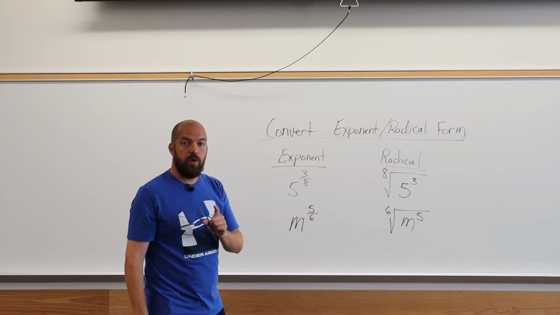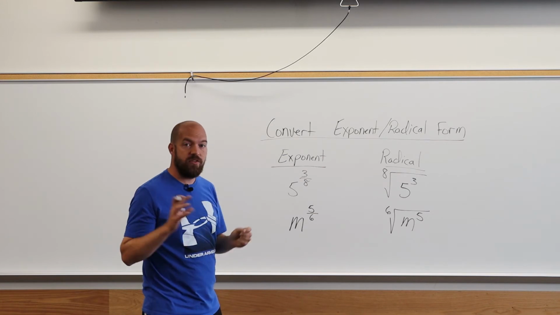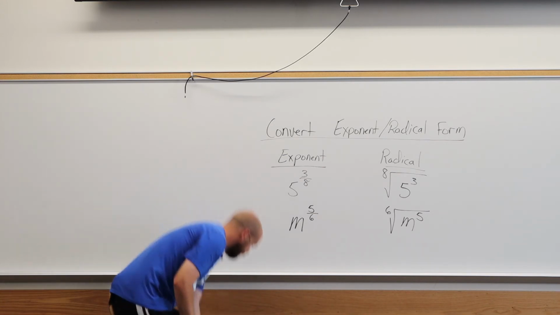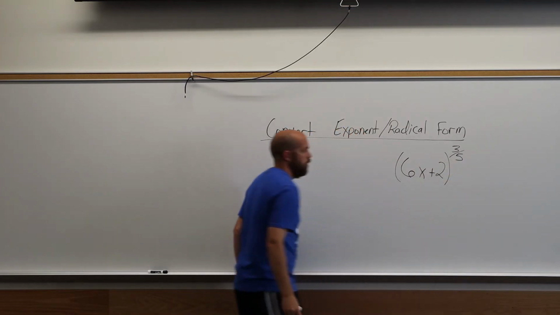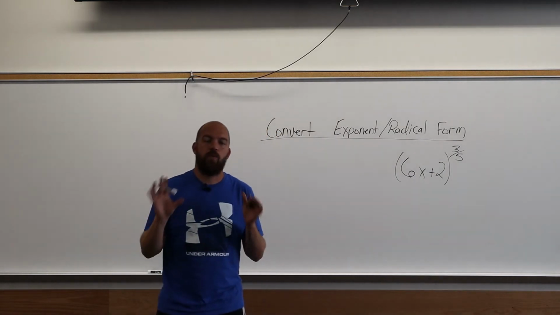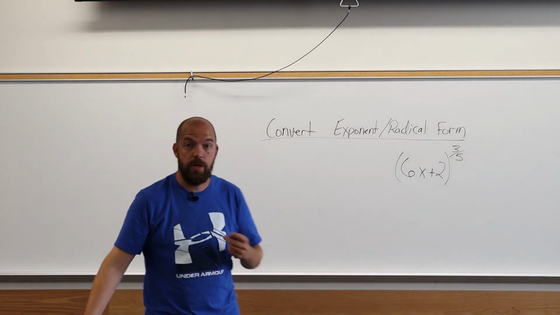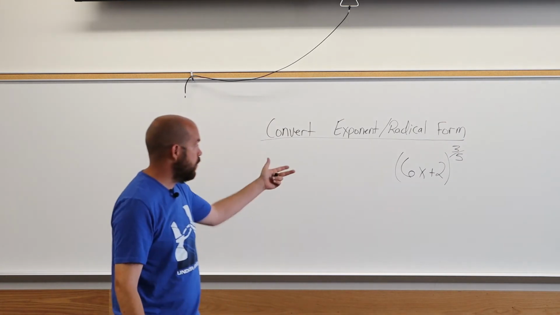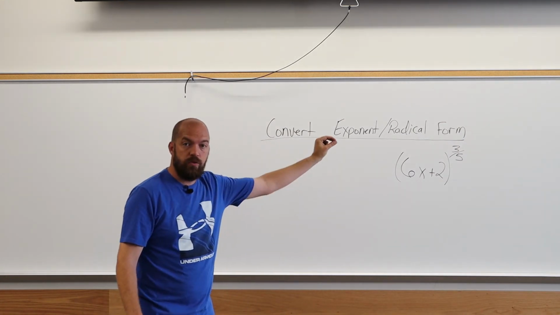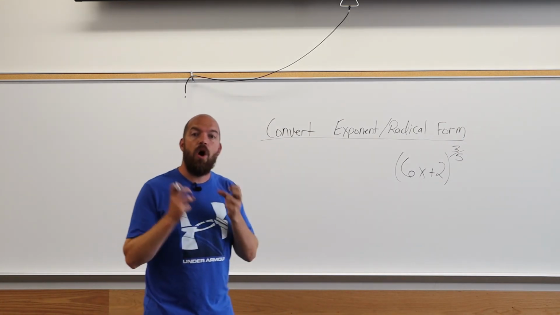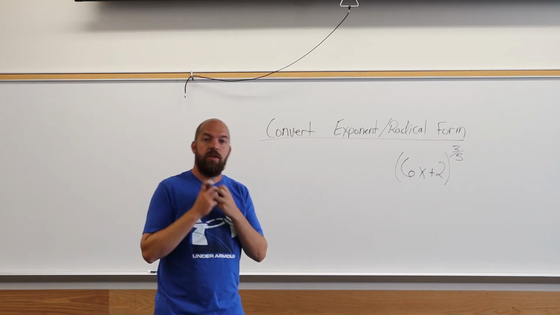I'm going to throw one more quick thing on here, a complicated version. What happens if it looks something like this? I have a parenthesis, 6x plus 2, and all of that is being raised to a fraction power. Well, that means all of it is going to be stuck inside of the radical.